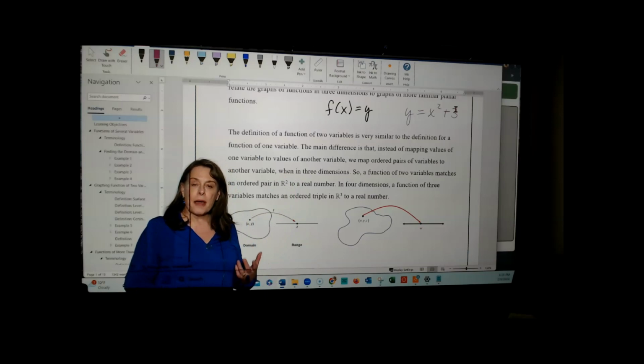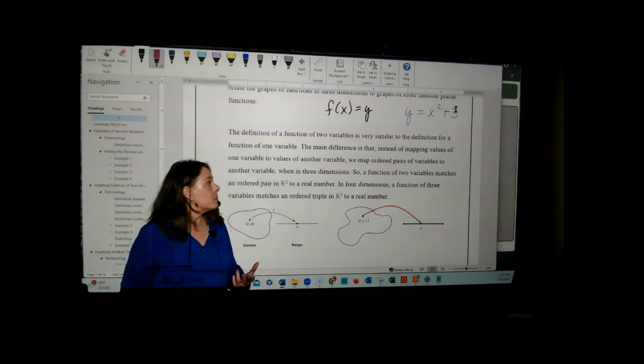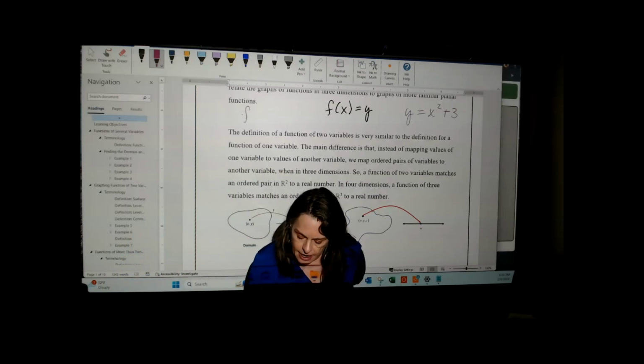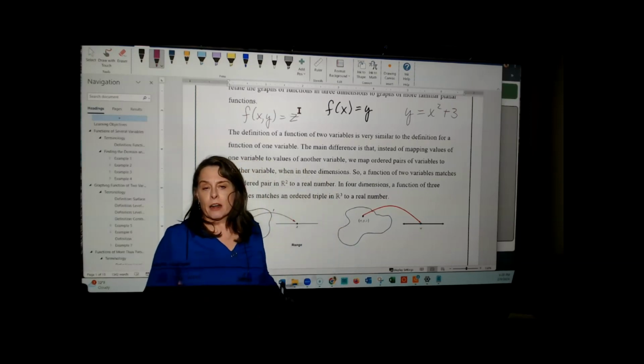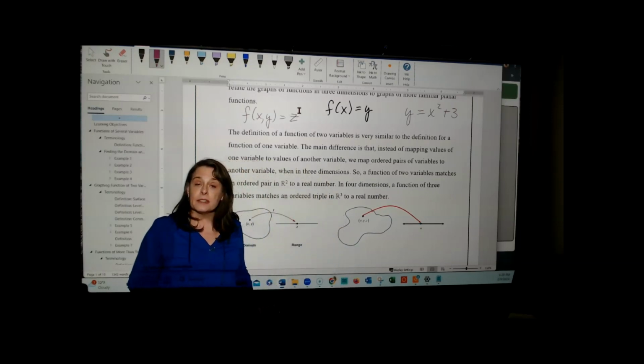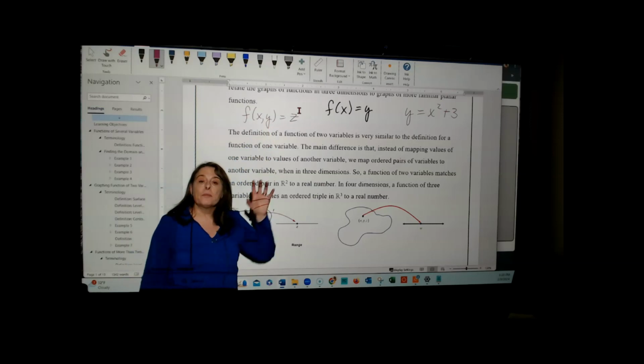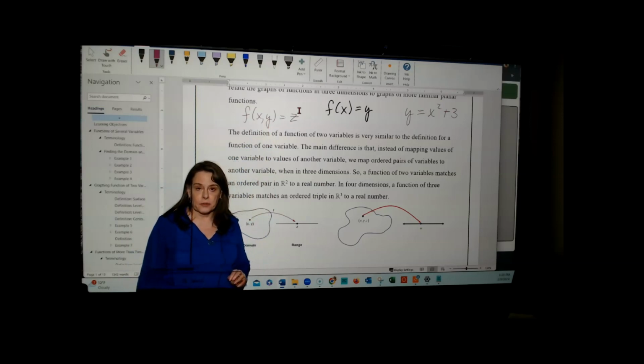When we're talking about functions of 2 variables, then we will have a function, let's say f of x and y equal to z. Now, ours may not always be x, y, and z, but this is a good example and a very common occurrence. In this case, x and y are both independent variables.